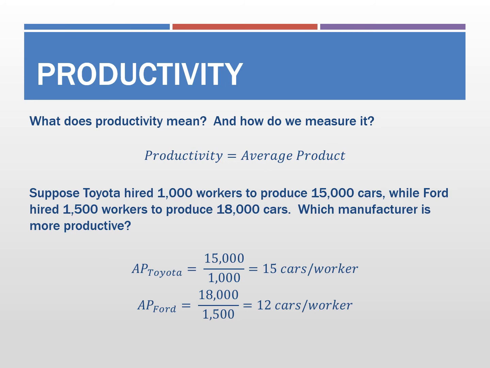On the other hand, we have 18,000 units of cars produced at Ford, and they hire 1,500 people to do it. Each worker produces on average 12 cars. So by comparing the two numbers, we can now talk about the productivity of the firms. And in this specific case, obviously, Toyota is more productive compared to Ford.